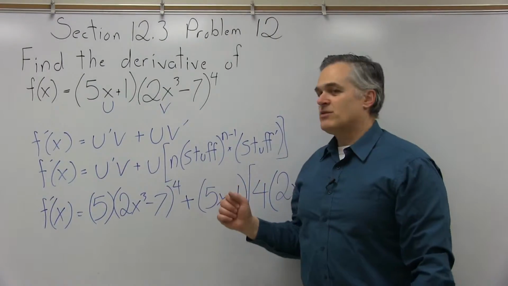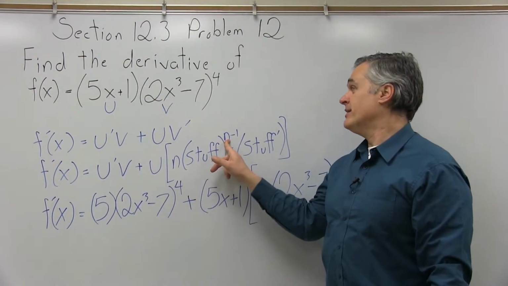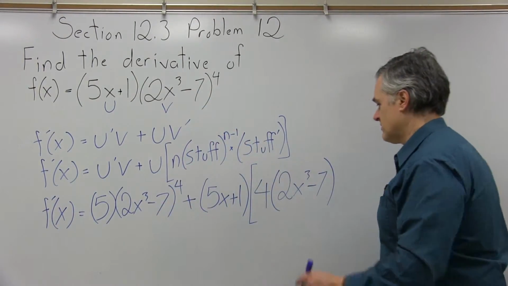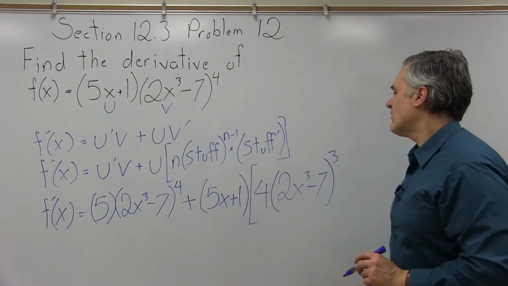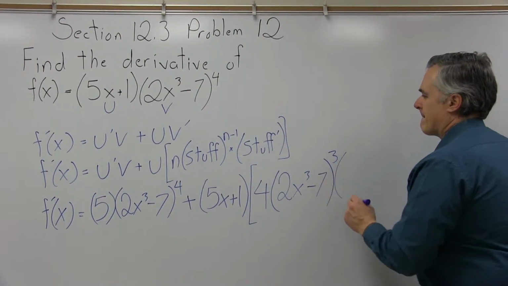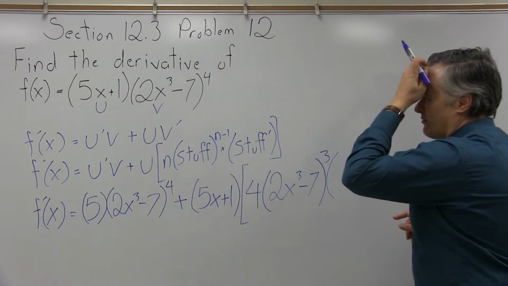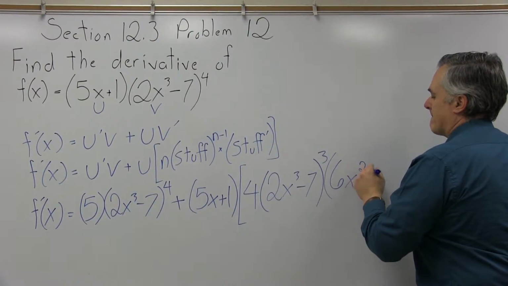And that 2x to the third minus 7 in parentheses will be raised to 1 less power, n minus 1. n is 4, so n minus 1, 4 minus 1 is 3. Then times stuff prime. So the stuff is 2x cubed minus 7. So stuff prime will be 6x to the second power.